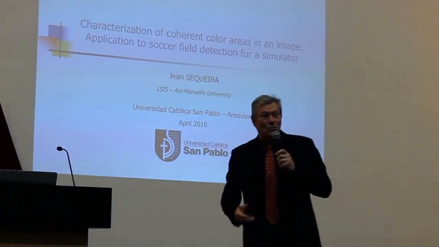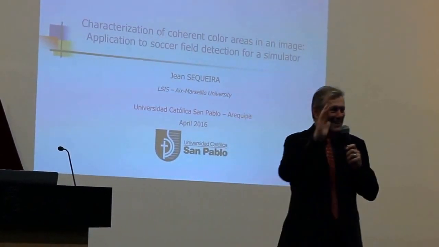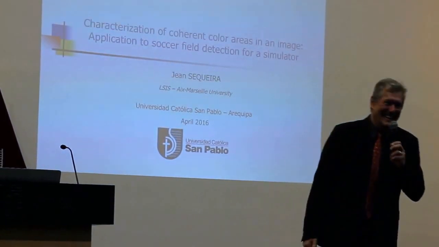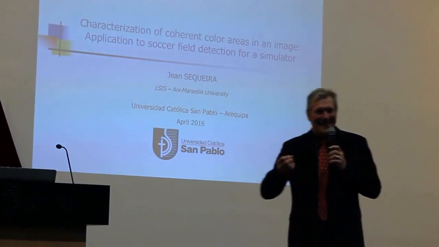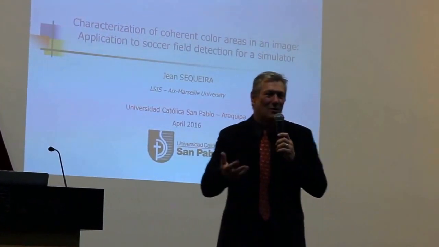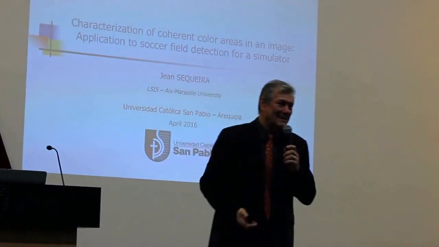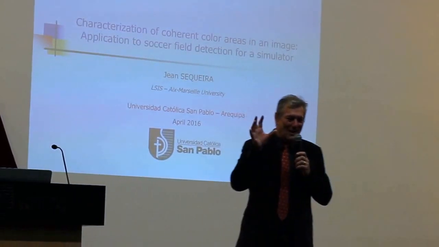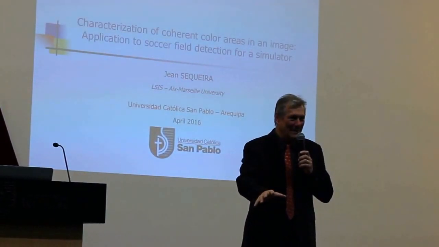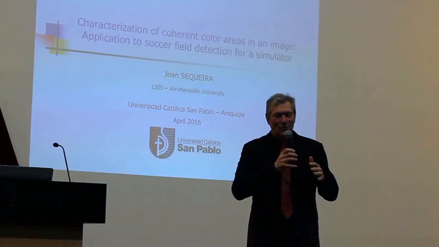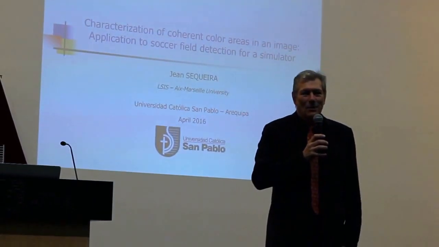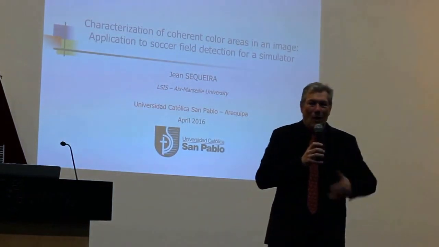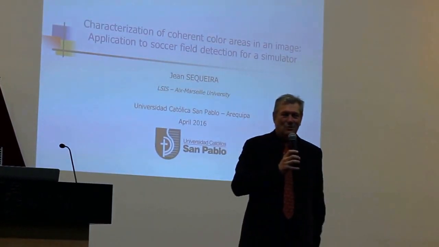When we watch a soccer game, we can say the following thing, using a video camera or using our eyes. We watch the game on the field, and the field is of a given color. It may be green when there is grass, or it may be also brown if there is earth, and so on.